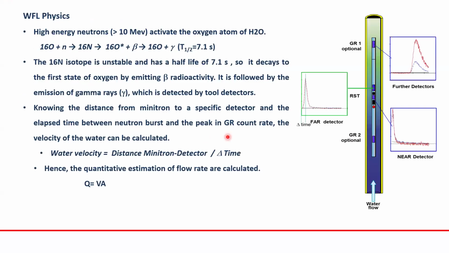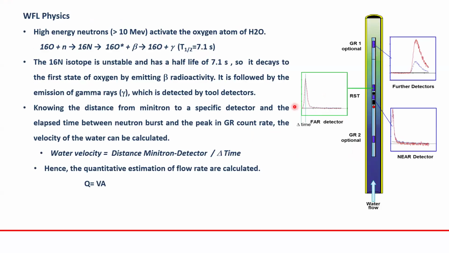It's simple like that. Your high energy neutron activates your oxygen. So you activate the oxygen, okay, and it will release gamma rays within 7.1 seconds. This is the half-life. So it receives it after 7.1 seconds.